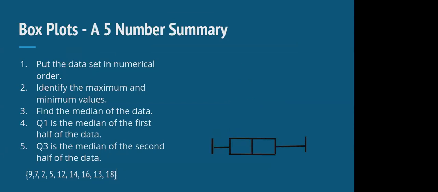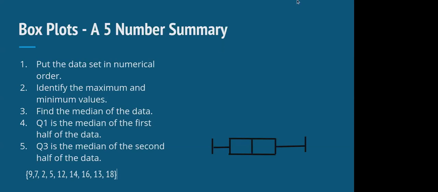Then you find the median of the entire data set, because remember, the median will divide the data in half. And then the Q1, or the first quartile, is the median of the first half of the data. And Q3 is the median of the second half of the data. But I'm going to show you where it makes a little more sense.